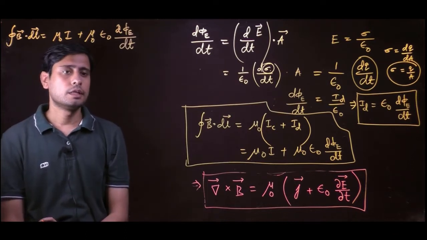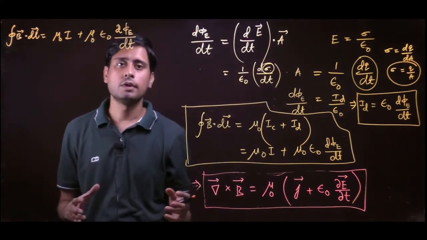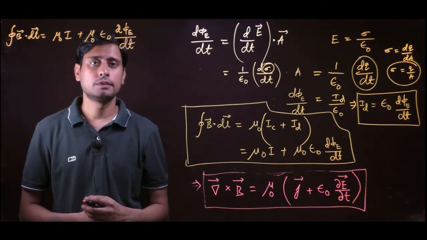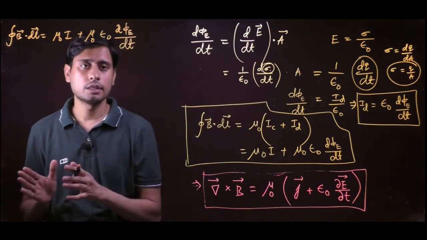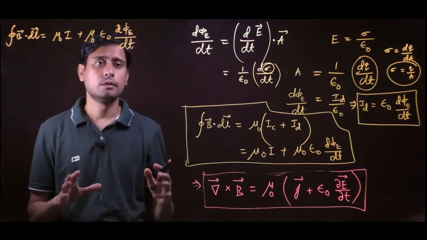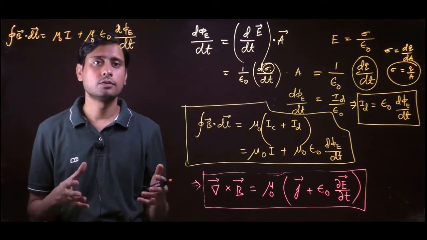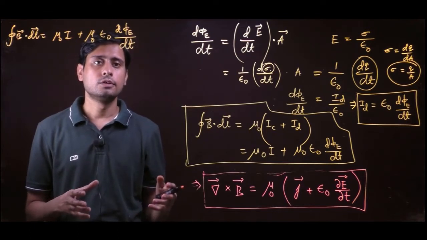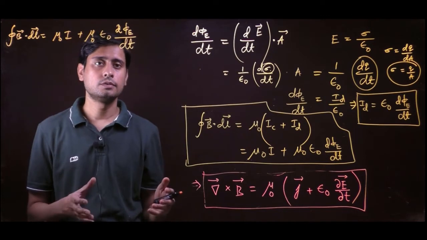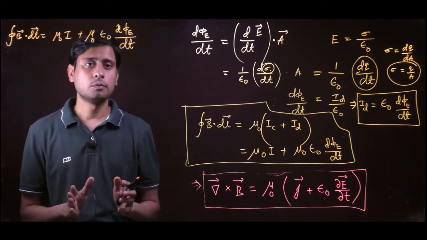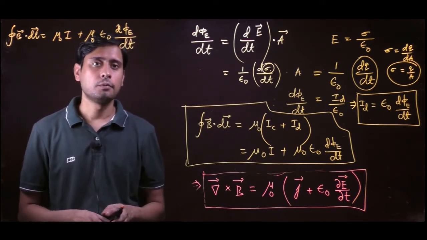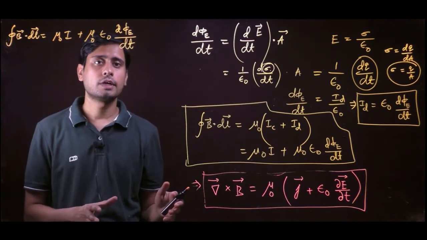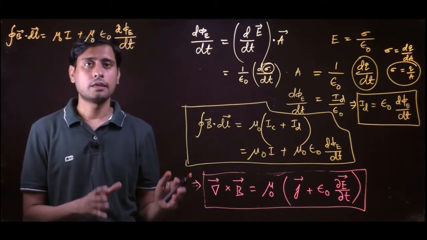There may be any region where both types of current may be present. That is, there is a conduction of charge, and in that region the electric field is also changing.